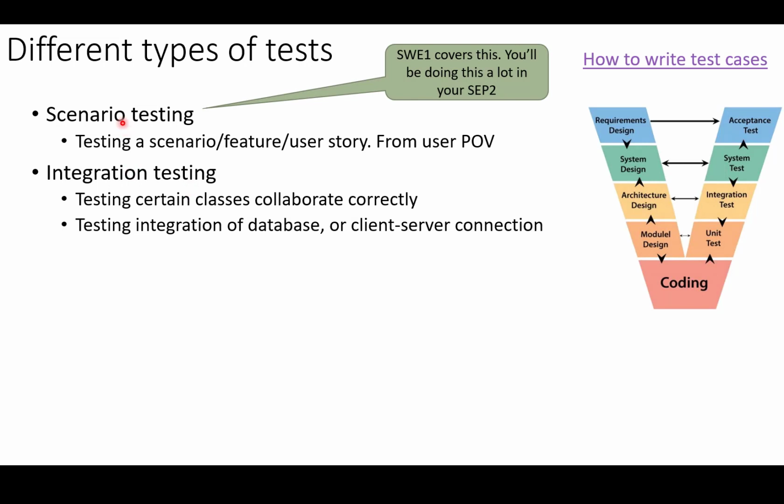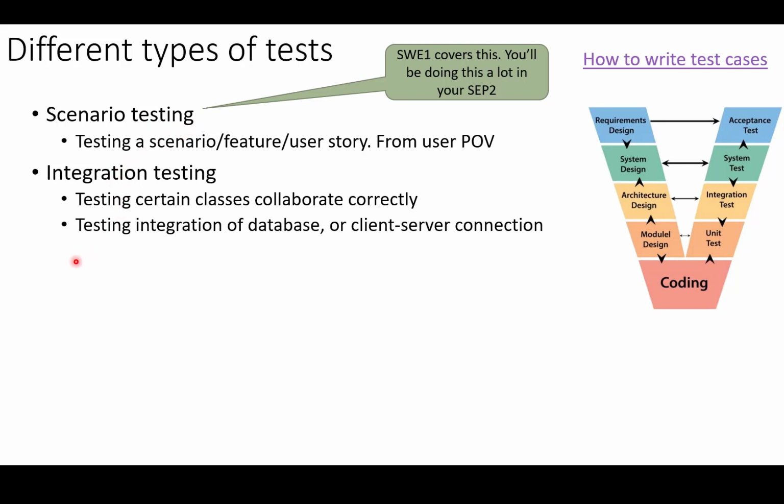All right, so the scenario testing, or the top part here, is mainly covered by the software engineering course. And based on experience, I expect that this is the primary testing approach in your semester project.